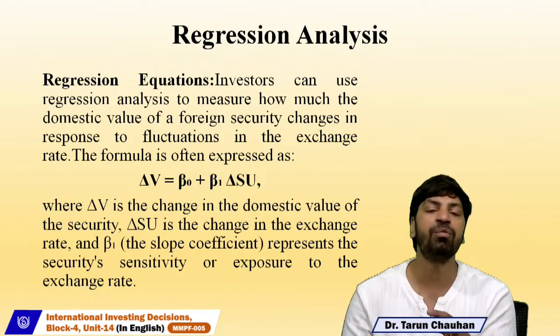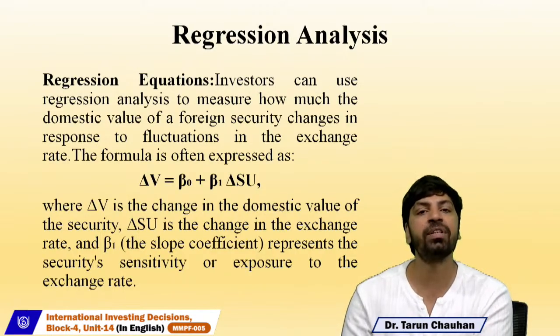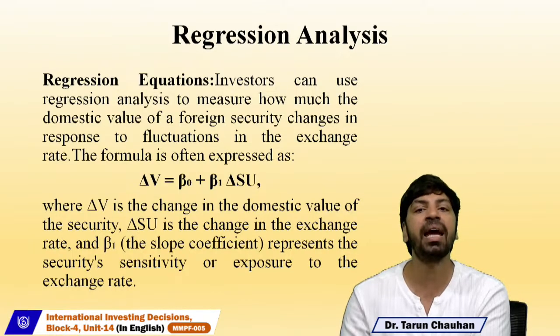Delta V refers to a change in the domestic value of the security. Delta SU is a change in the exchange rate, and beta is a slope coefficient.